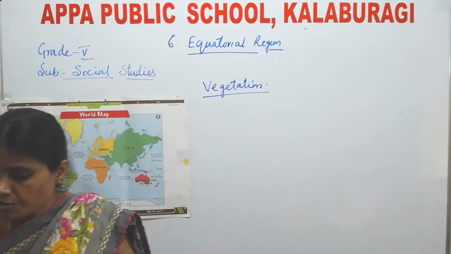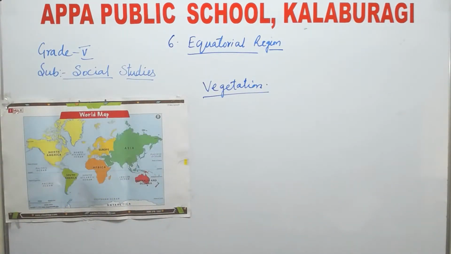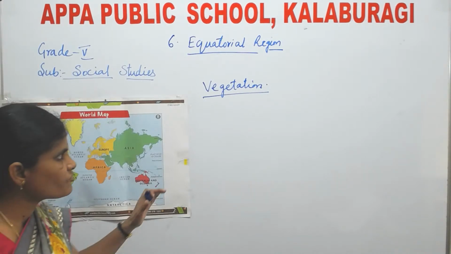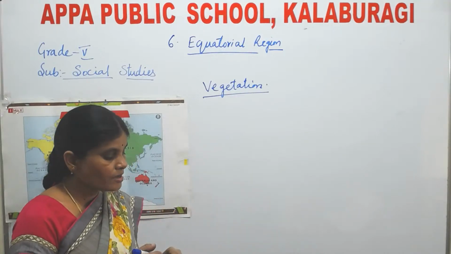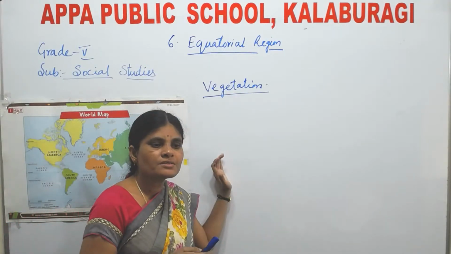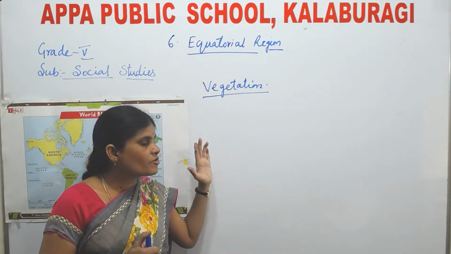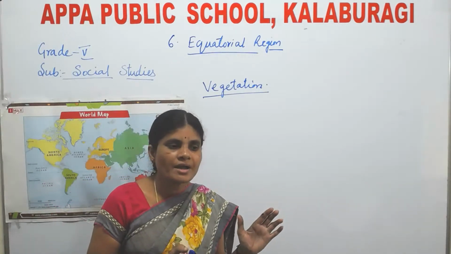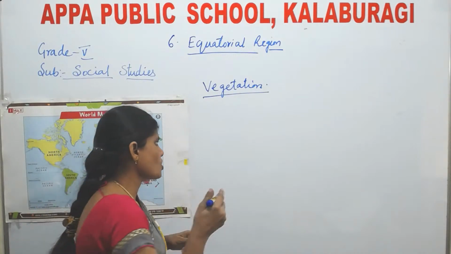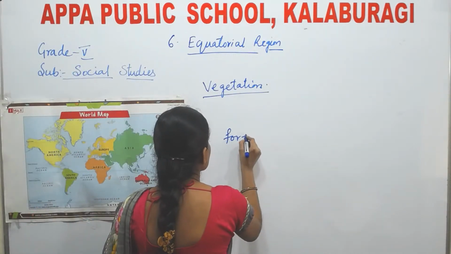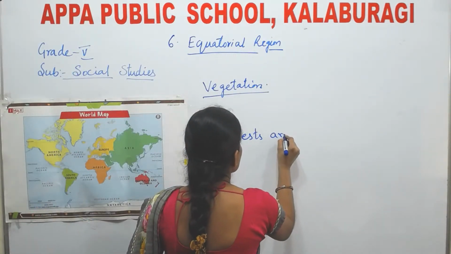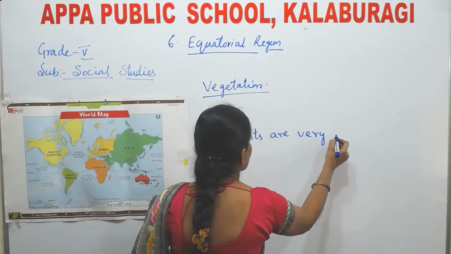The equatorial region has some of the densest forests in the world. As this region experiences high temperature and heavy rainfall, the forests are very thick and the trees are very tall. The forests are very thick.